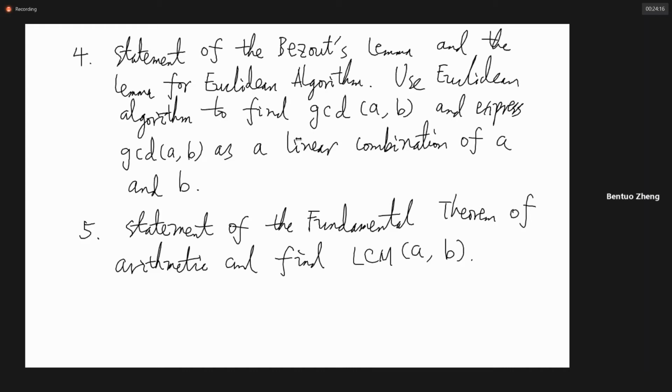I think if you review your first, second, and third exam and your notes, there should be no problem to get a good score on your final exam. So are there any questions about all the problems for the final?